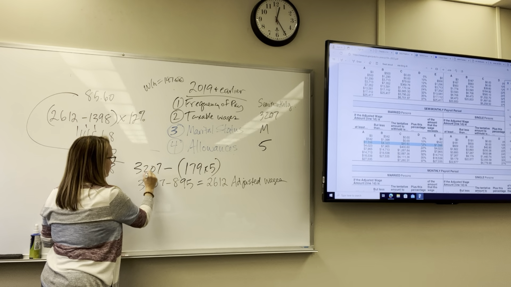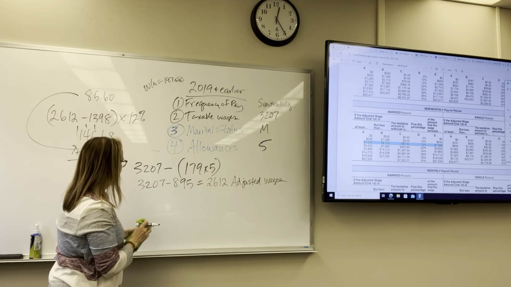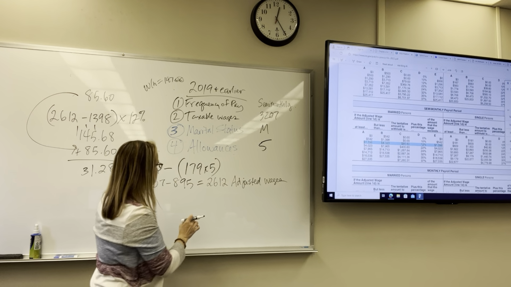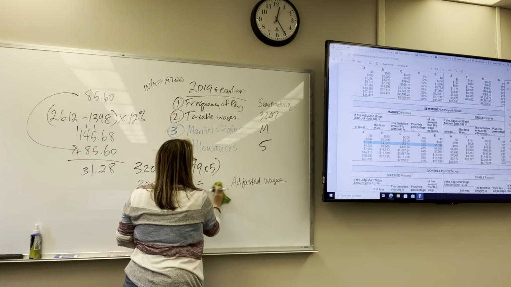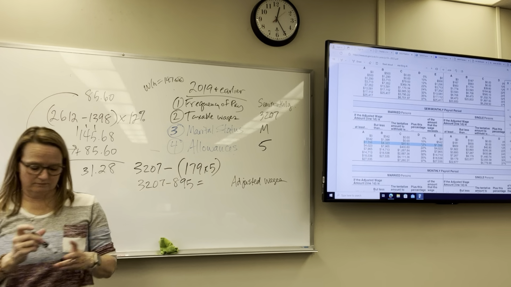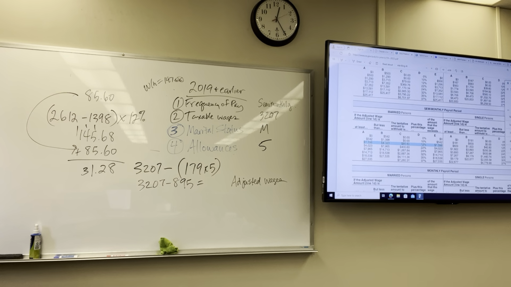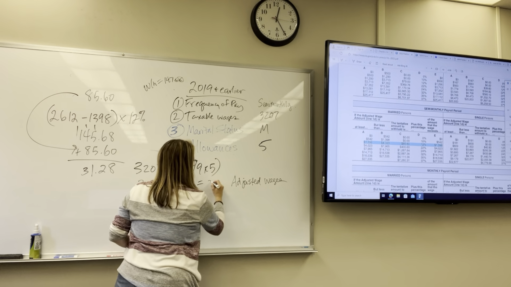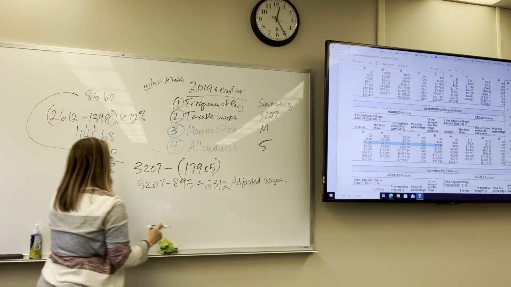I didn't change it in my head. So my adjusted wage amount was incorrect. Thank you, call me on that right away. Maybe you didn't notice. 2312 is our adjusted wages.